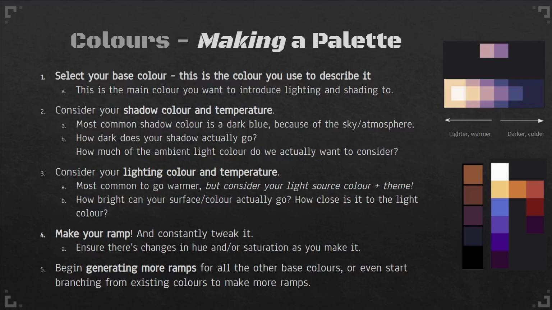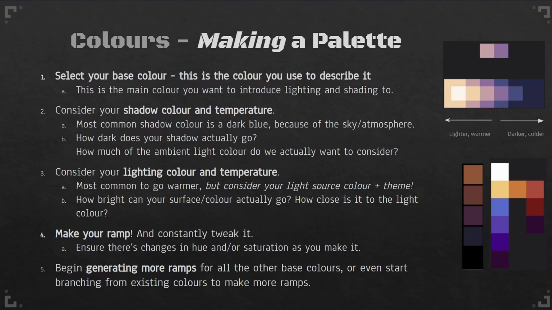Alternatively, you might want to make a palette. This can be a sort of rinse and repeat process, where you're constantly tweaking the colors that you're using and adjusting your palette depending on what features you might add or take away. First of all, you probably want to set the base colors. This is the colors that you use when you're describing the palette or just describing the object itself.